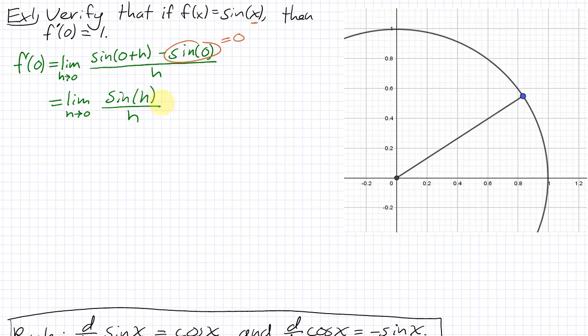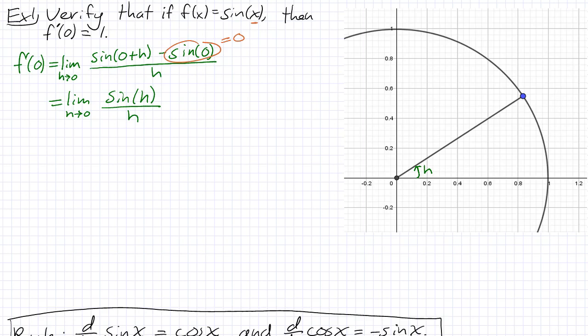So to do this, let's think about a small angle h. This looks like a small angle h on the unit circle here. It's not that close to 0, but I don't want to draw it too small or nothing will fit. This angle here is h radians, and we're on a unit circle.